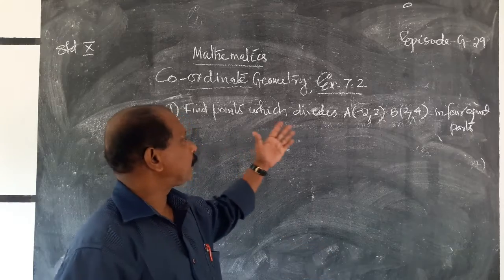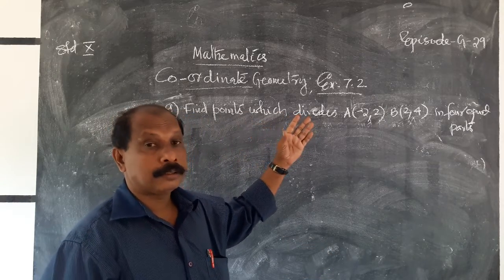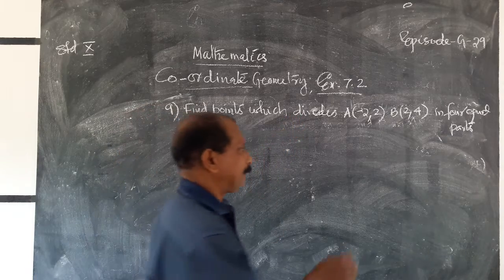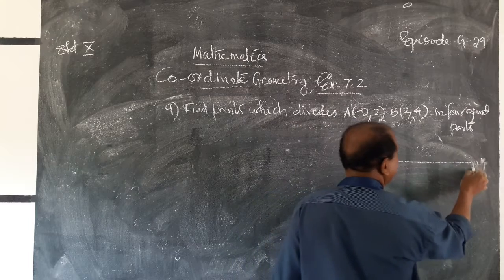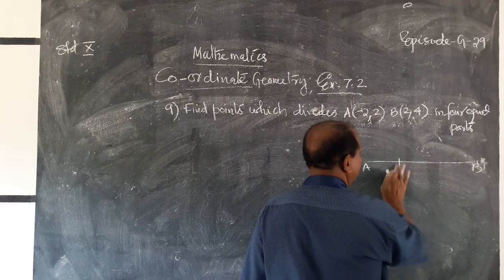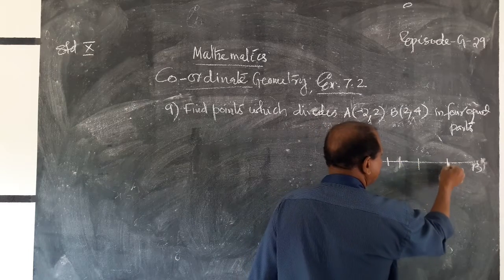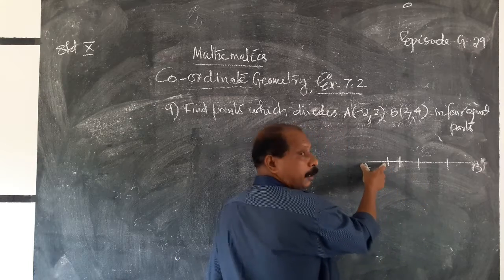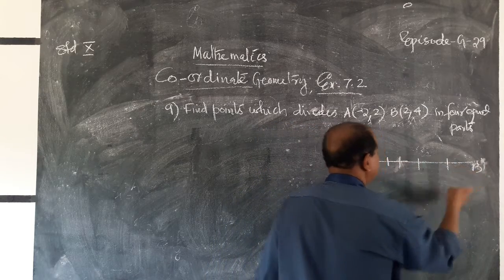So, AB is a line segment, and we need points that will divide it into 4 equal parts. That means this is AB, divided into 4 equal parts: 1, 2, 3, 4. That is the first part, second part, third part, fourth part.